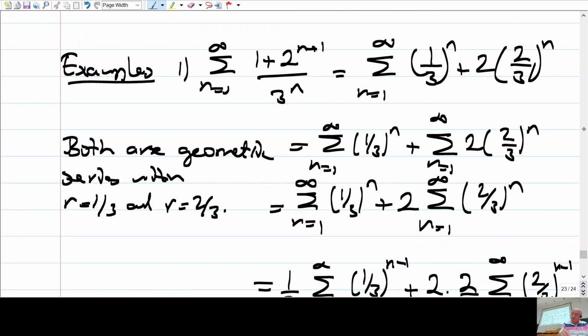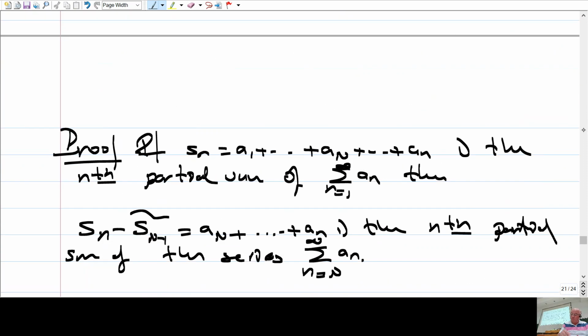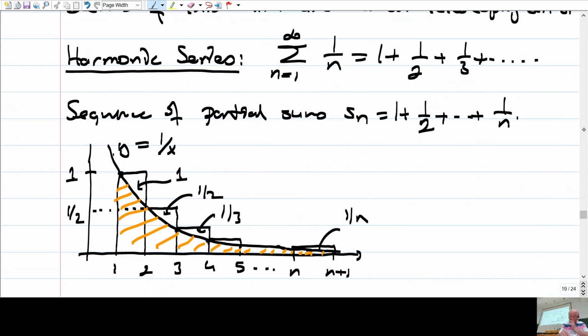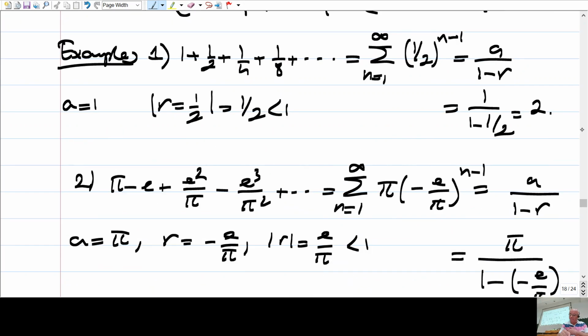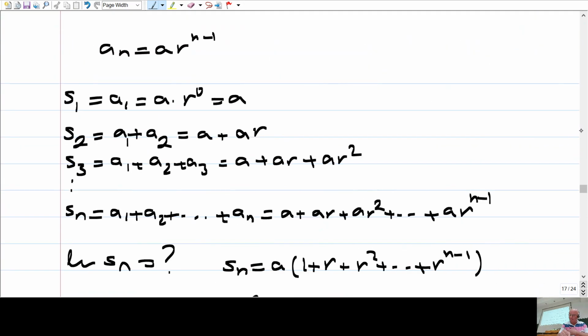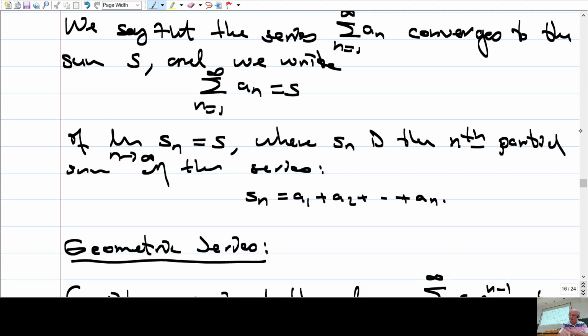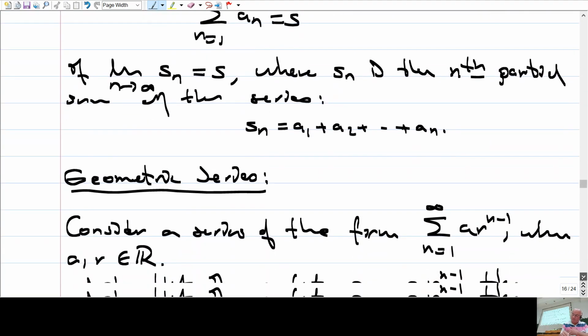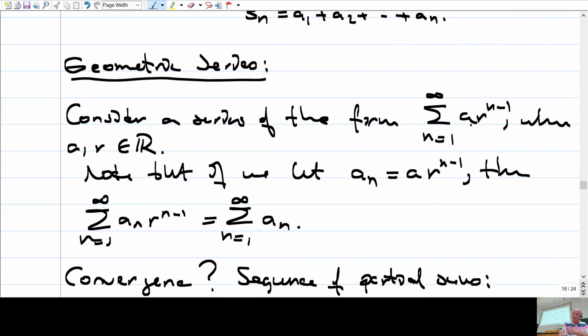If you remember the formula for the geometric series, I had a times r to the power n minus 1.